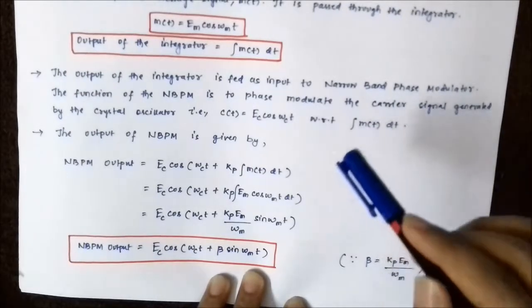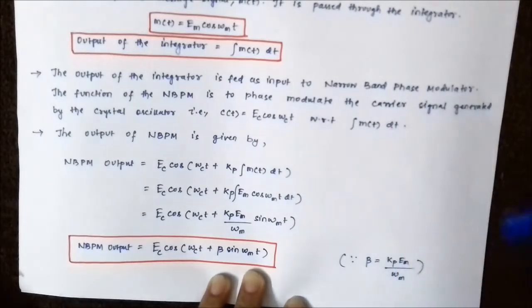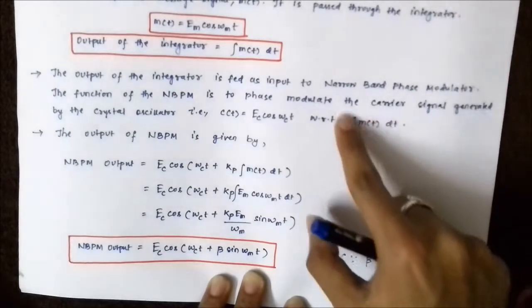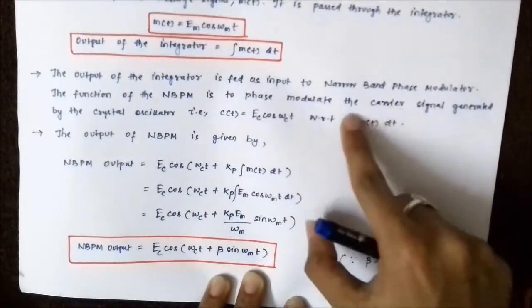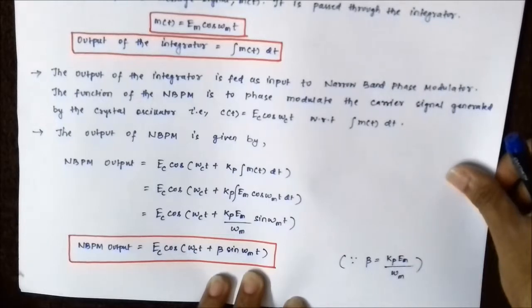The carrier signal is phase modulated with respect to the integration of m(t) dt. So this part acts as the message signal for phase modulation of the carrier signal from the crystal oscillator.